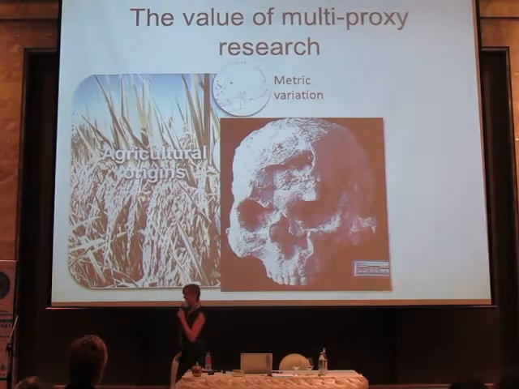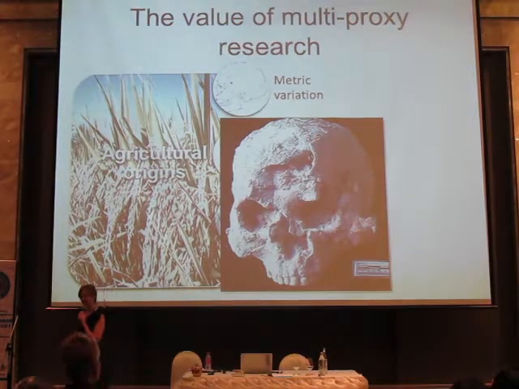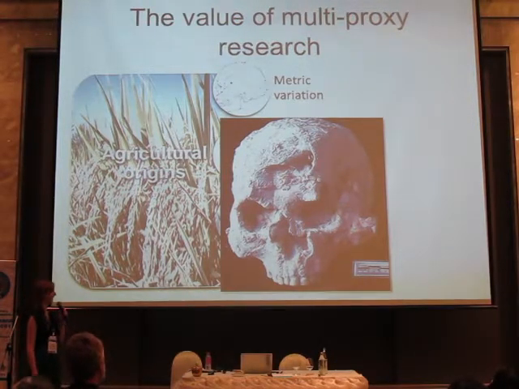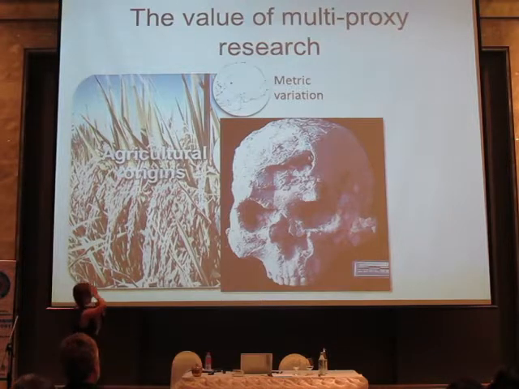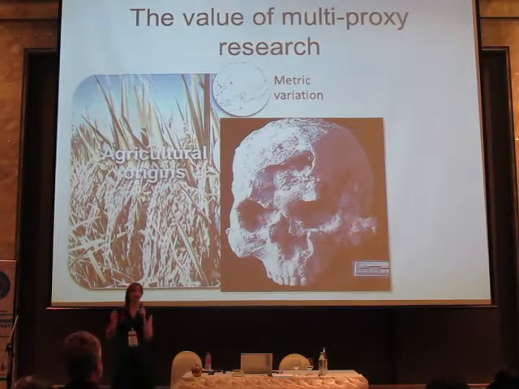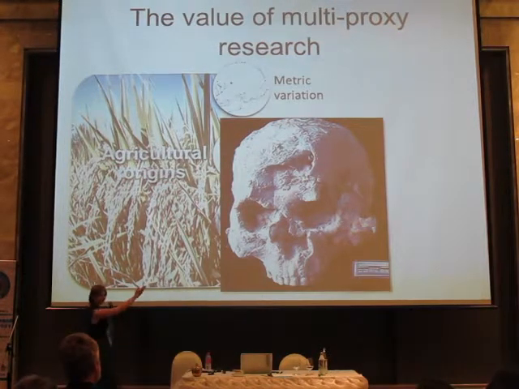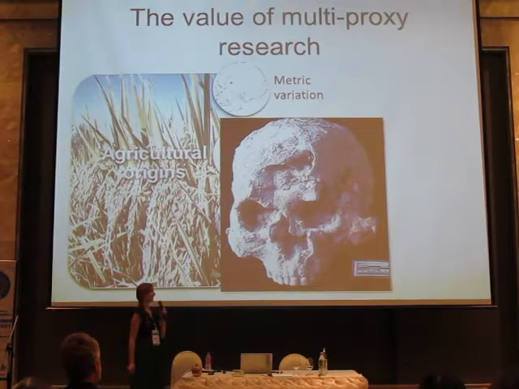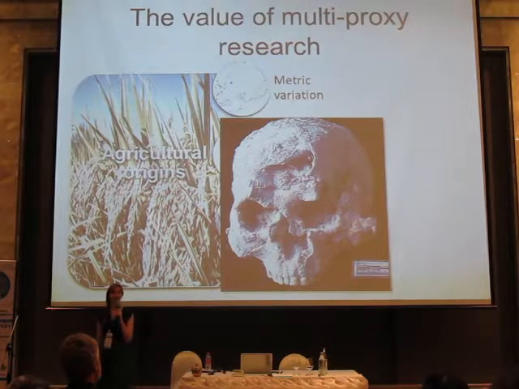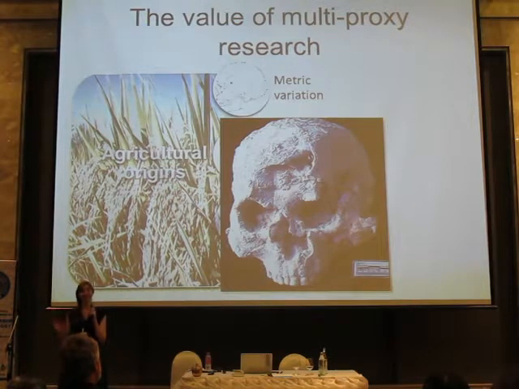Well, one of the things that has been done already is looking at metric variation within the site, comparing the flexed burials to the supine ones in terms of their craniometrics, and seeing whether they have similar affinities. Now, the problem we have at Ban Non Wat, as you can see on this individual here, is that we've got a lot of post-depositional deformation, which means that it's quite difficult to do craniometrics on a big sample size.